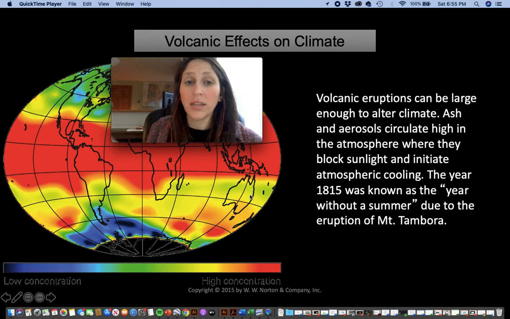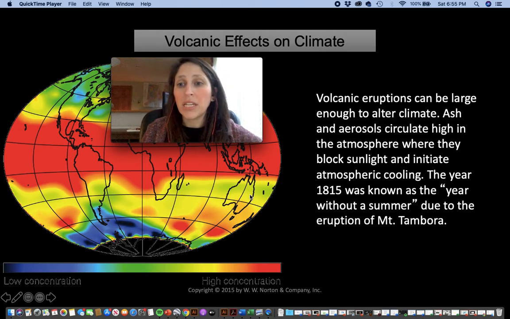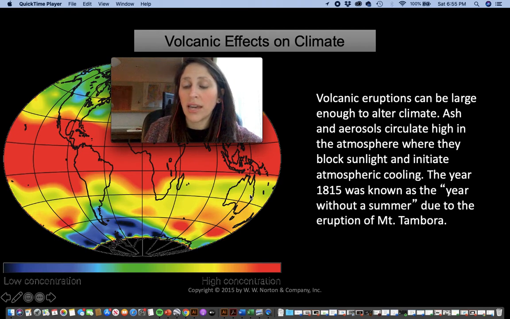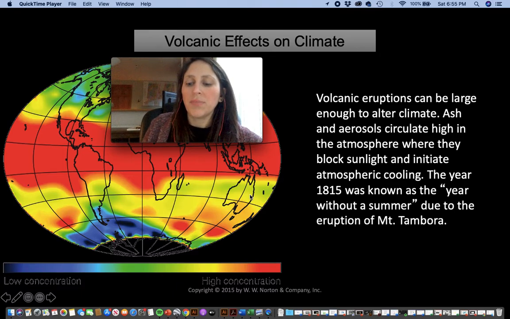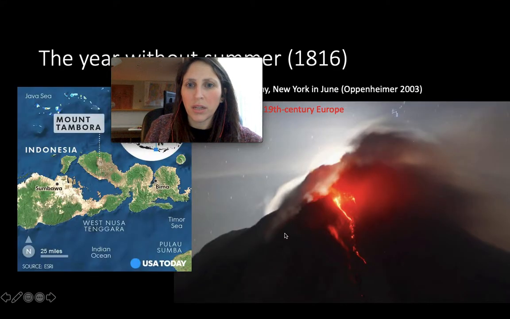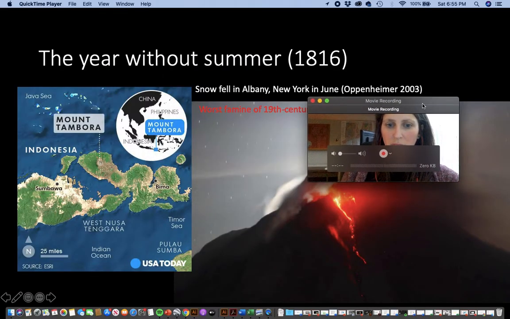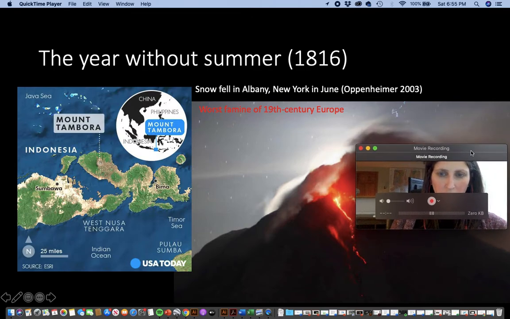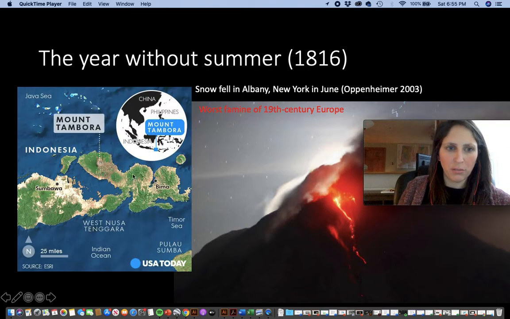Okay, so this is enough to alter climate. So ash and aerosols get expelled into the air, high into the air. They block sunlight and they initiate an atmospheric cooling. So 1815 was known as the year without summer, and this was due to the eruption at Mount Tambora. Here is a map view of where Mount Tambora is in Indonesia.